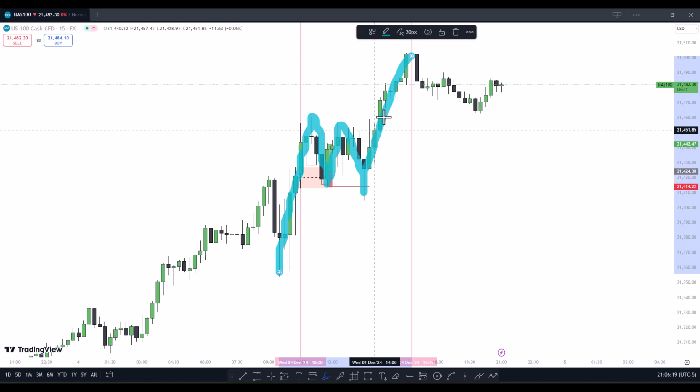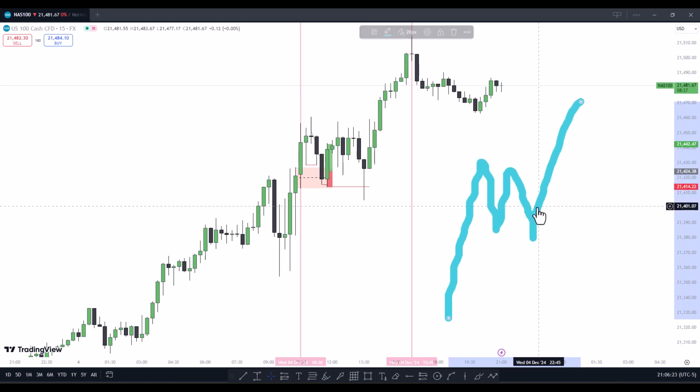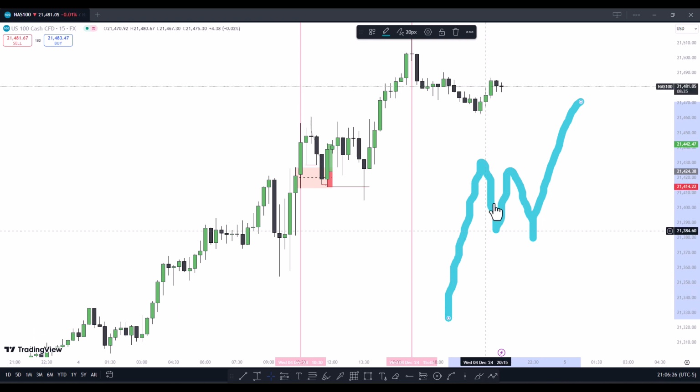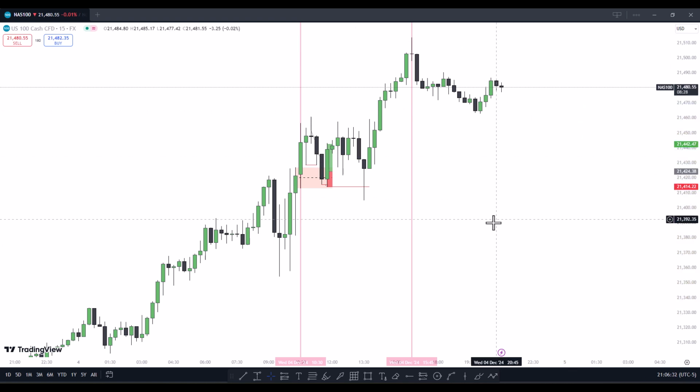That was today's price action, summarized like this. Sorry for the bad drawing, but you can see expansion, first up, second up, another expansion. That's all price did.